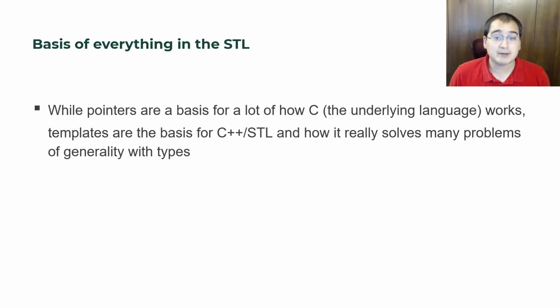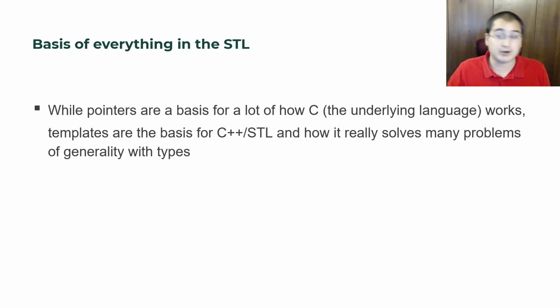And the reason why we're talking about templates right here is that templates are incredibly important in C++, and especially in the standard template library. This is why that T in the standard template library is there, is because most of the algorithms and data types that are in the standard template library are templated. They can handle arbitrary types. For instance, we're going to be talking later on about vector, which is a type that holds a list of things.